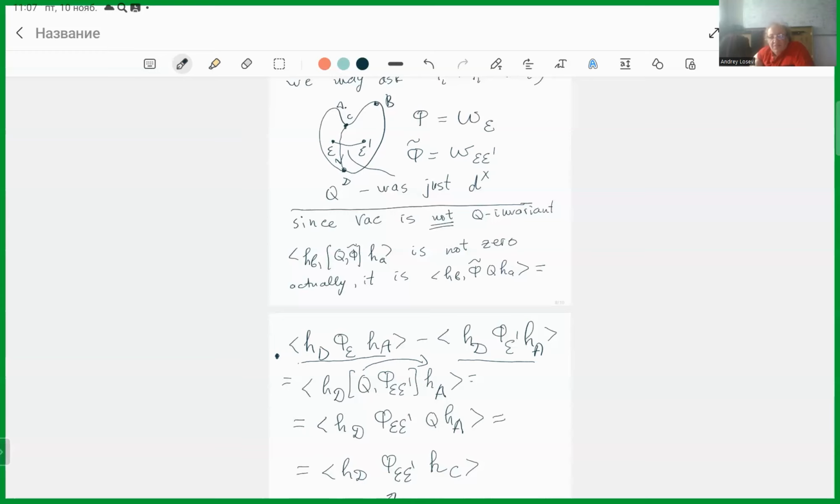So if Q acted by zero on the vector, the result would not change. However, Q was acting non-trivially on the vector, and we may see this phenomenon, taking Q out of phi e prime to the vector. That's what I wrote in this formula. And we already know that Q on HA is HC.